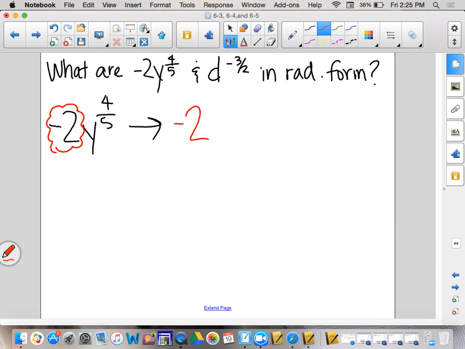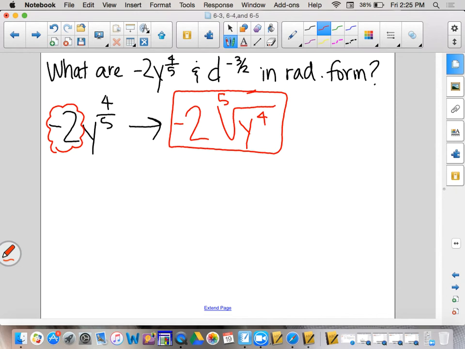Because the only thing I'm worried about is whatever's got the exponent around it. So let's talk about this one. What is it going to become if I put it in radical form? The fifth root of y to the 4th. That would be my radical form. So those are pretty easy just to switch between. You agree?